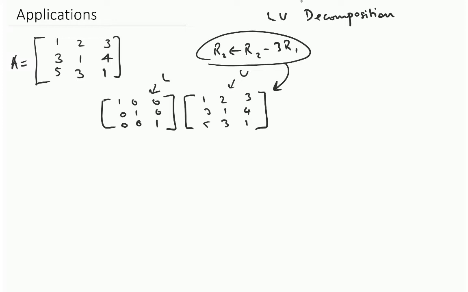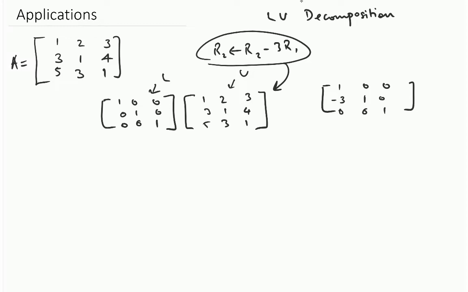The way we do it is we pre-multiply the matrix. R2 goes to R2 minus 3R1 is captured as follows. This is the matrix that represents the elementary operation R2 goes to R2 minus 3R1.